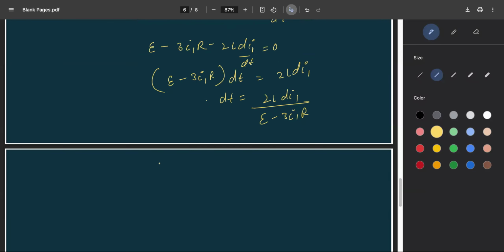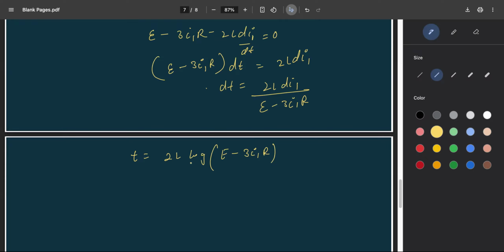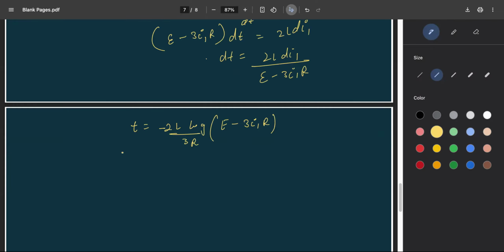So what is the equation of I1 you are going to get? It will be t at some random time. From here you are going to get 2L outside, log of E minus 3I1R divided by negative 3. This is what you are going to get.